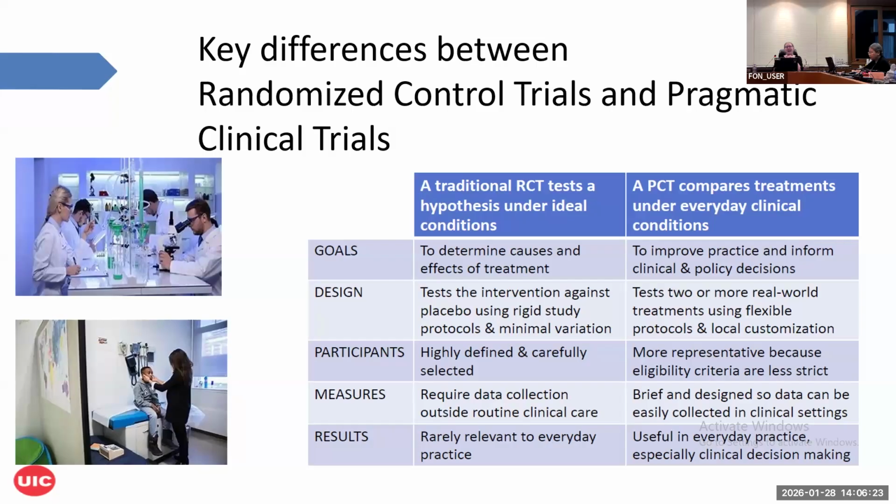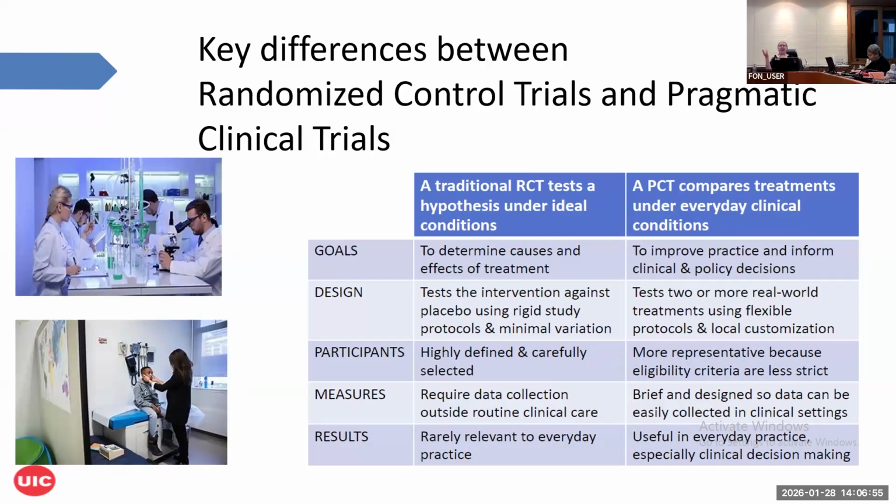Taking a look at the design, a randomized clinical trial tests the intervention against placebo usually, or usual care, using rigid study protocols with minimal variation. Let's look at a pragmatic clinical trial. It looks at real-world treatments using flexible protocols and local customization.